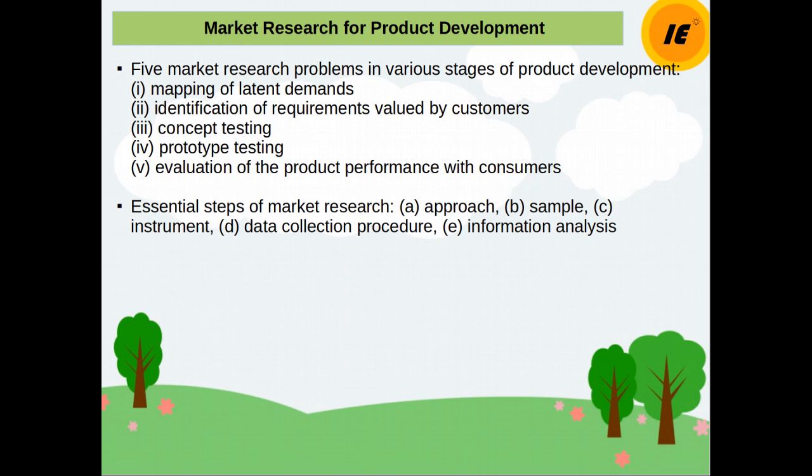In that problem, the first question is what will be the research approach, how we will know what the latent demand in the market is, and how we develop the research approach for that. Second is what will be the sample, and what will be the procedure of taking data. Similarly, the instrument, data collection procedure, and information analysis. So that's the framework we will look into.